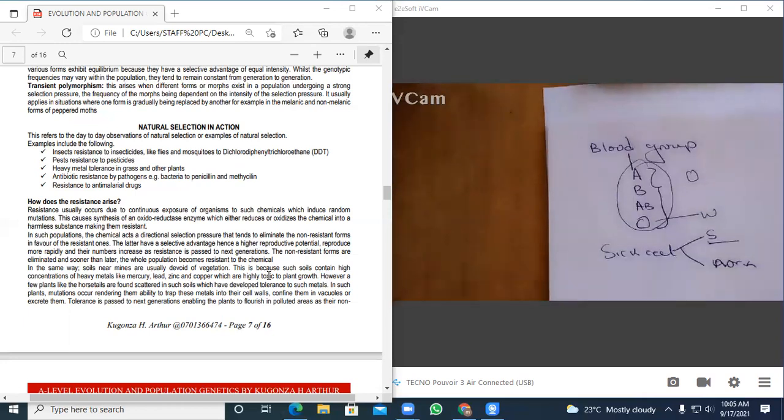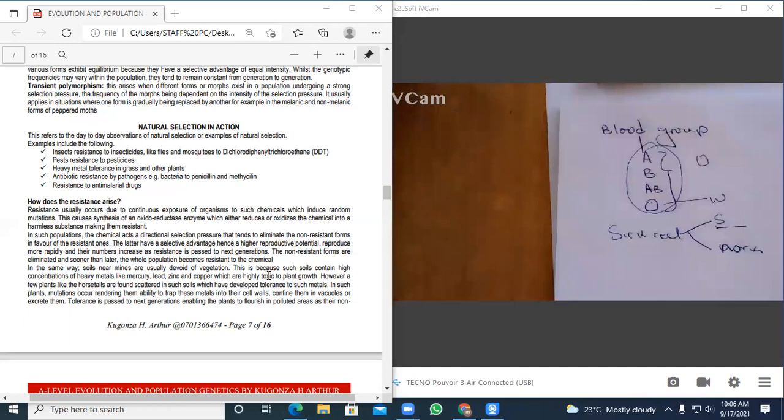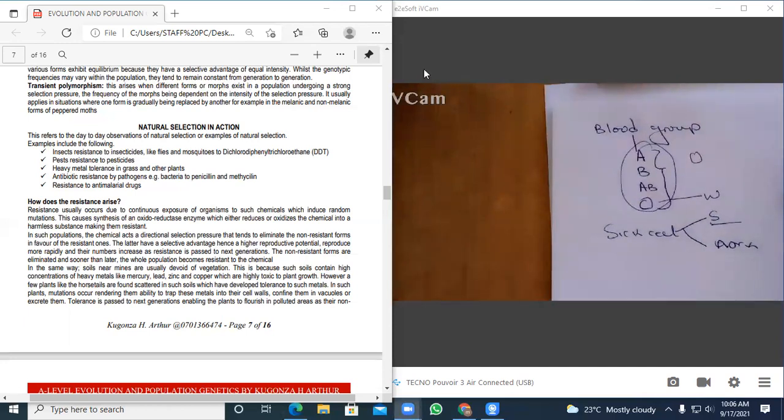We don't have two distinct forms with no intermediates. That one is continuous. Here we deal only with discontinuous variation, where we have distinct forms, either this person is male or female. Because if it is continuous, you cannot carry out a study on it by looking at polymorphism.